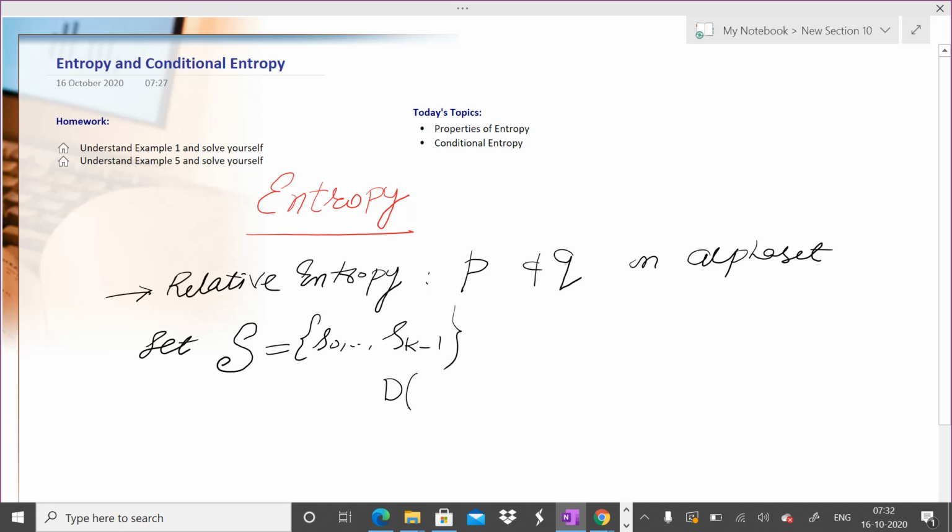It was defined as D(P||Q), this is a notation, equal to the sum over k equal to 0 to k minus 1 of pk times the log of the ratio of the two distributions pk and qk.